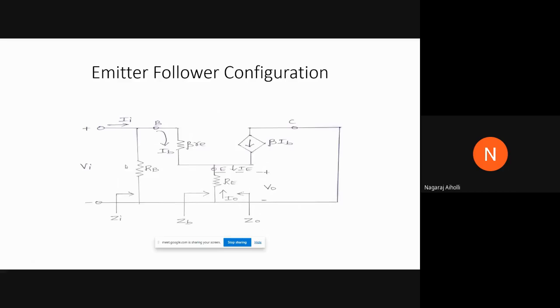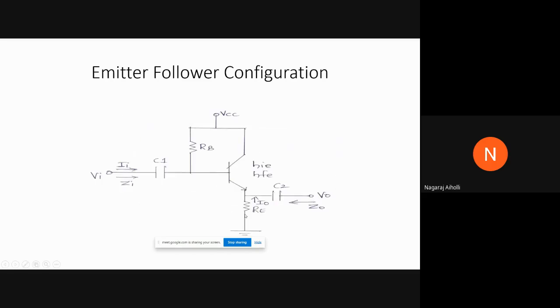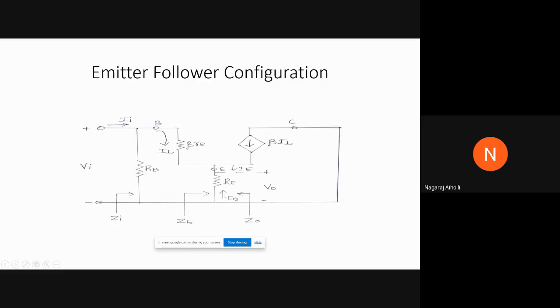We have the base resistance RB. Then here beta RE will come, because it is common emitter configuration, from the AC resistance RE. Then we have the emitter resistance RE at the emitter terminal. We have emitter here, base here, and then collector.